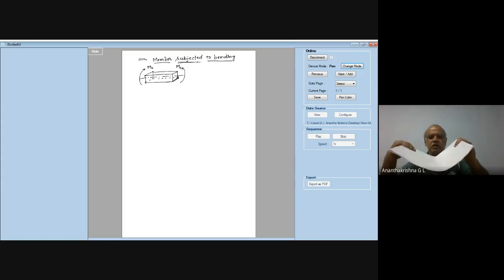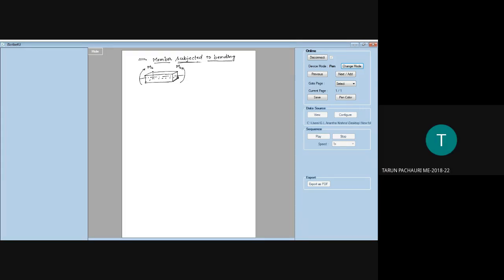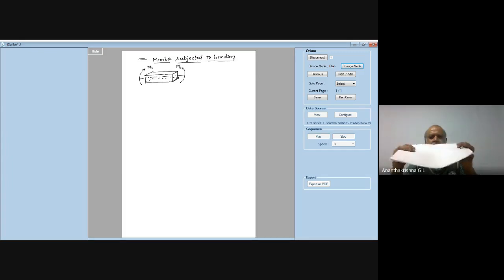Say this is a straight beam. Apply bending moment, and it's going to bend like that. Correct? Are you there with me?